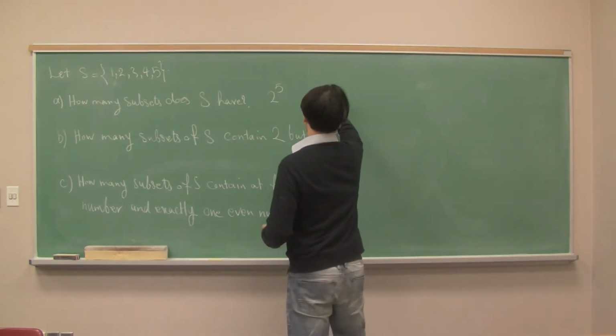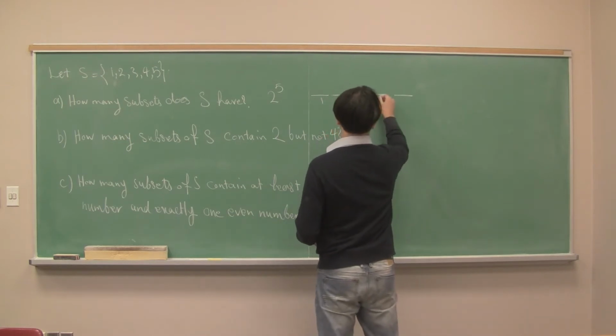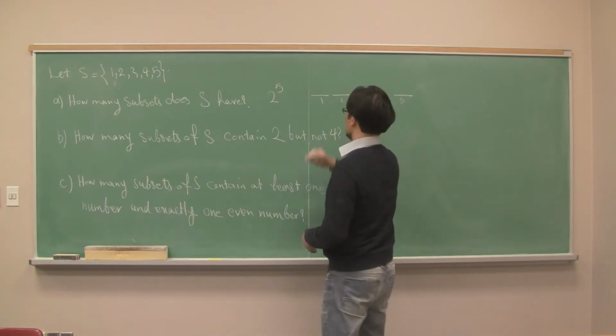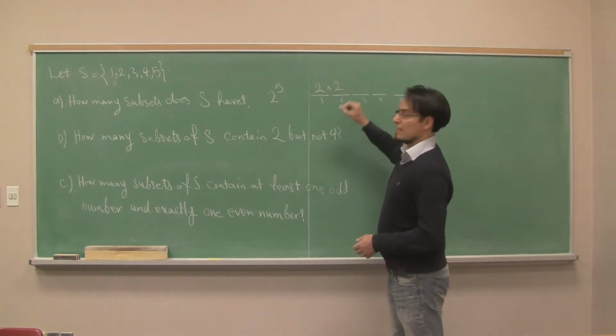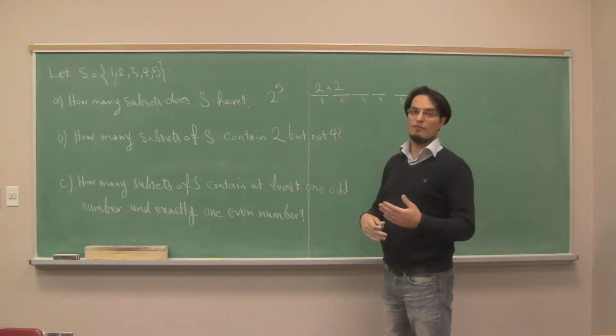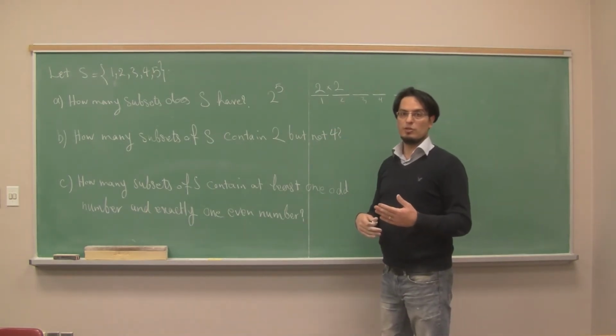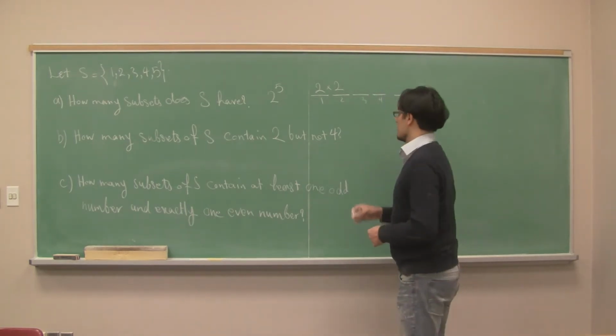We have 5 elements here: 1, 2, 3, 4, 5. For the first one, I have 2 options. For the second element, 2, we can either include it in the subset or not. So it has 2 options.